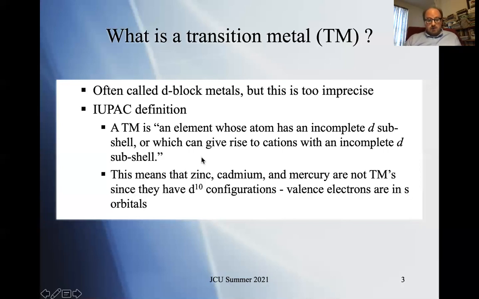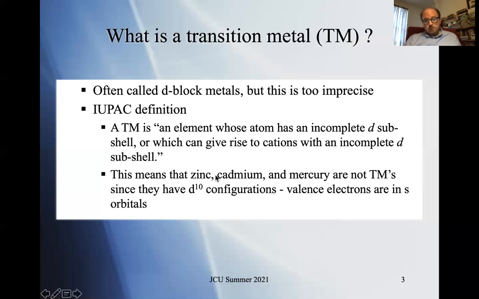Now, the importance of this is that the last family of the D block, and I have a periodic table on the next slide to show this visually, the last family, which is group 10 of the series, is zinc, cadmium, and mercury. At the time when D-block metals were thought to be transition metals, less was known about the physical world.